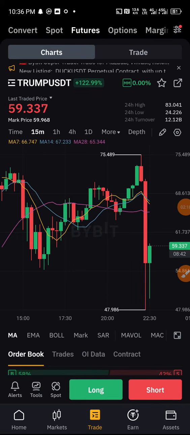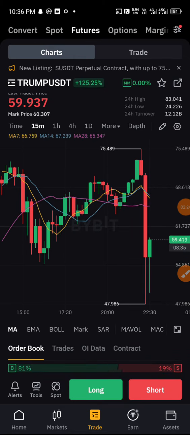Now you have heard my explanation, right? When you choose long, you predict the coin to go up, and when you choose short, you predict the coin to go down. What happens when you choose short and it goes up? You're losing money.